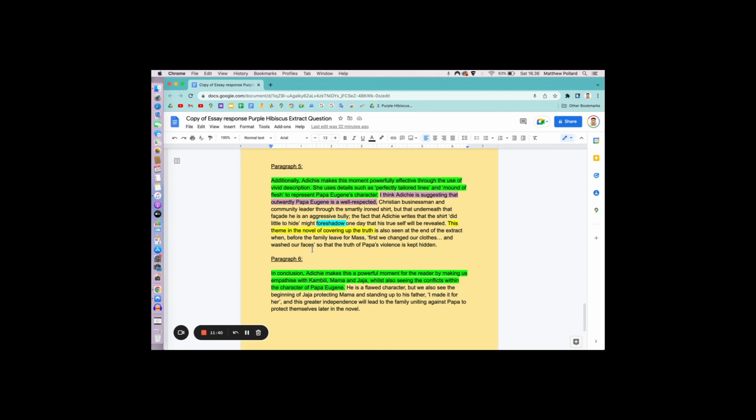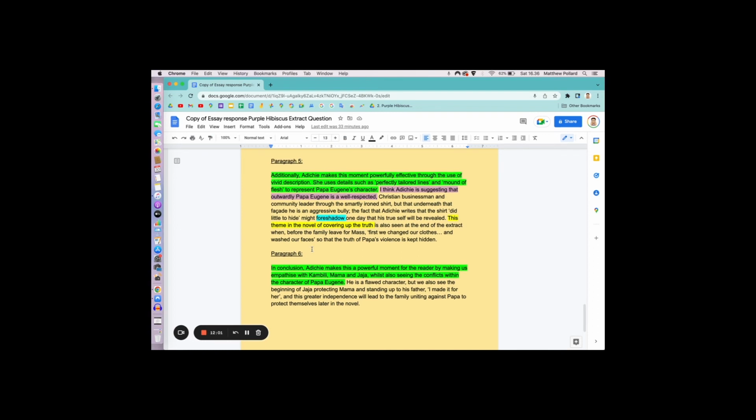The fact that Adichie writes that the shirt "did little to hide" might foreshadow one day that his true self will be revealed. This theme in the novel of covering up the truth is also seen at the end of the extract before the family leave for Mass. "First, we changed our clothes and washed our faces," so that the truth of Papa's violence is kept hidden.